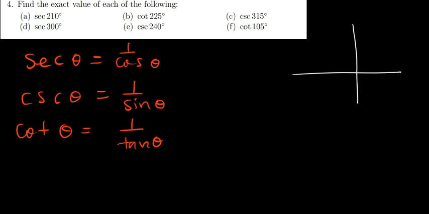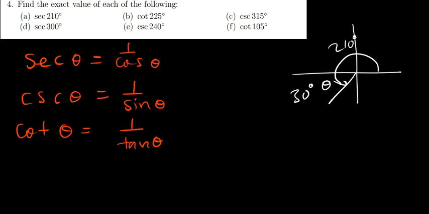Like I said earlier, it is basically the angle between the x-axis and the point of interest. 210 can be found in the third quadrant, so it is here. To find the reference angle, which is this theta, is going to be 210 minus 180, which gives me 30. So the reference angle is 30.